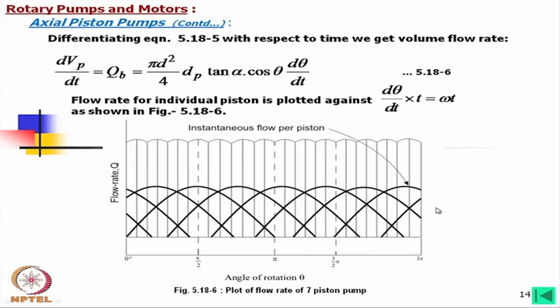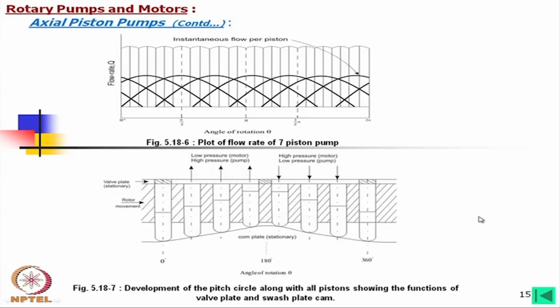Last lecture I described the ripples, but here also we can see them. The flow rate of each individual piston is plotted against omega t. In this direction omega t is equal to theta, and this is the flow rate.